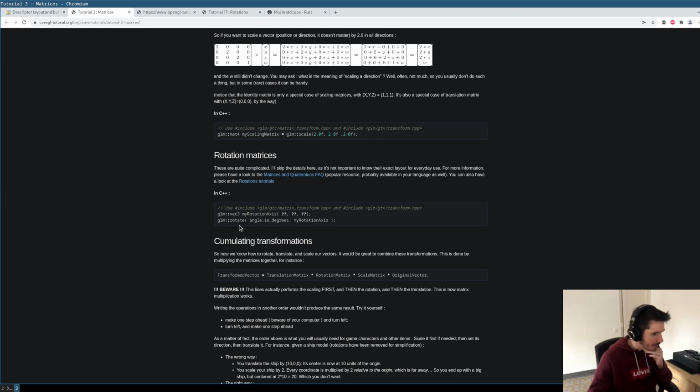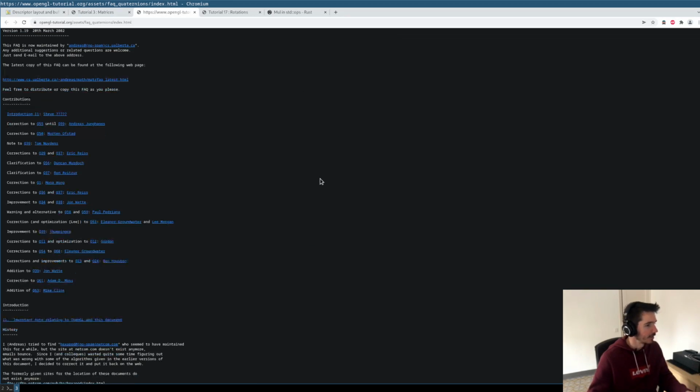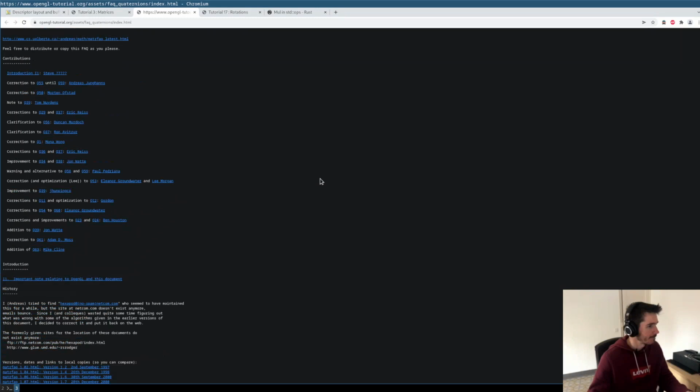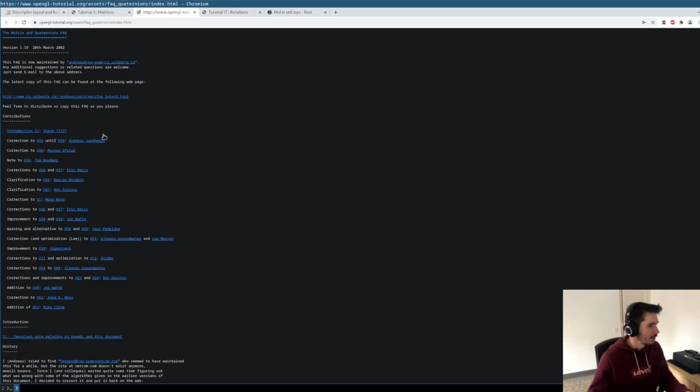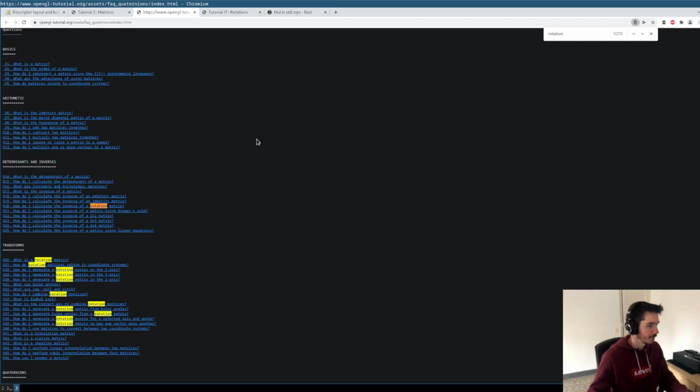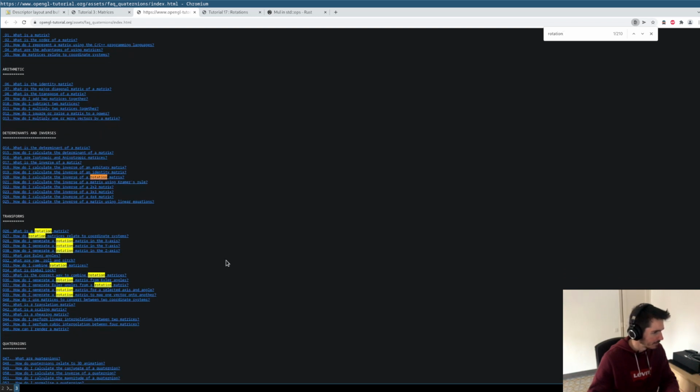So basically the way they create a rotation is by providing the angle in degrees and a rotation axis. Is it shown somewhere here, the formula? Curve, rotation. What is a rotation matrix? What are Euler angles? How do I generate Euler angles?